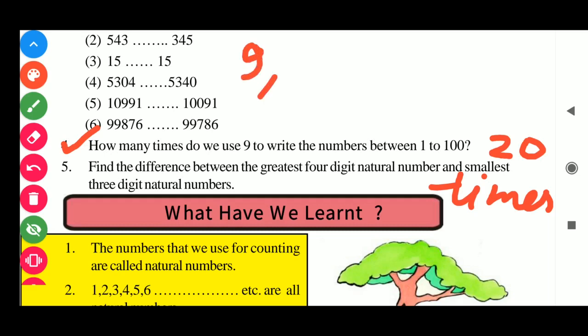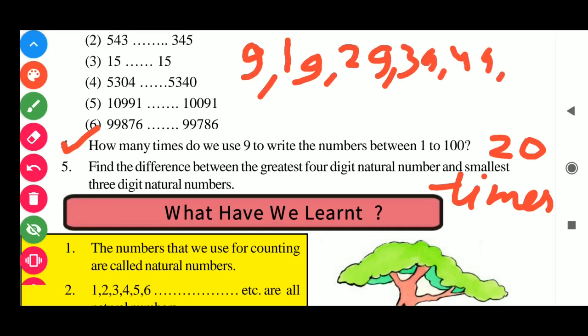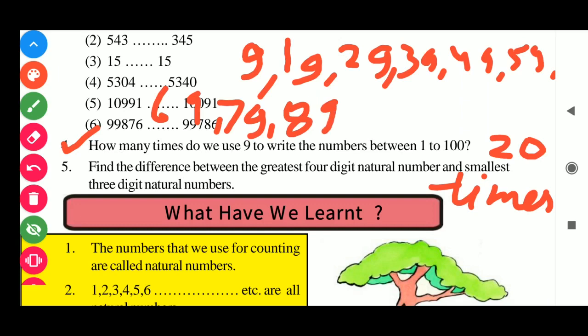Now second, 11, 12, 13, 14, 15, 16, that is 19, and 29, 39, 49, 59, 69, 79, 89, 99.